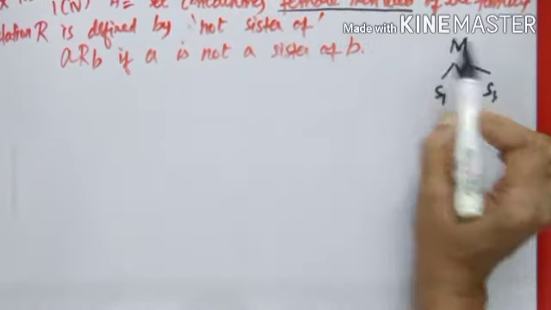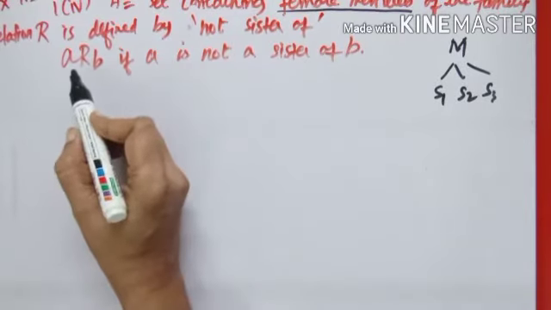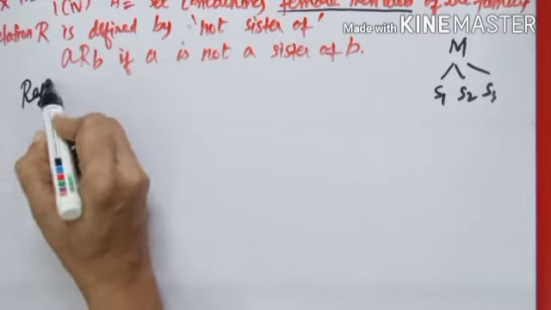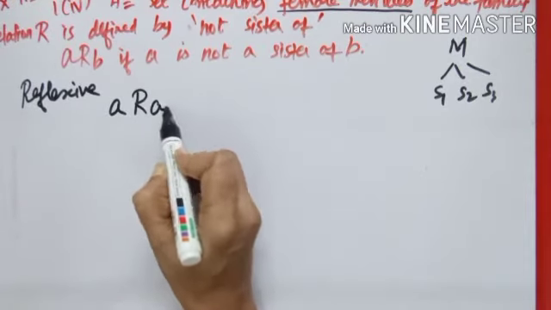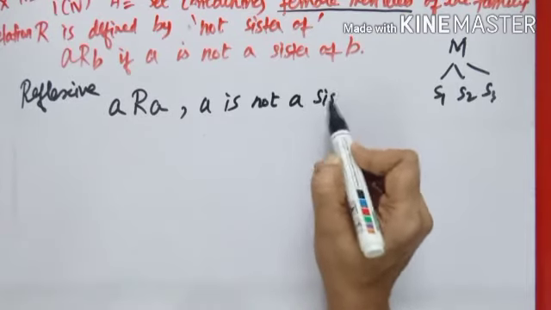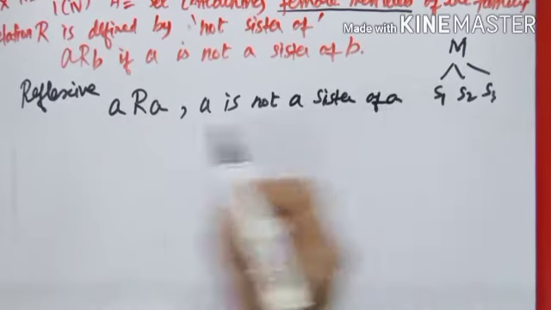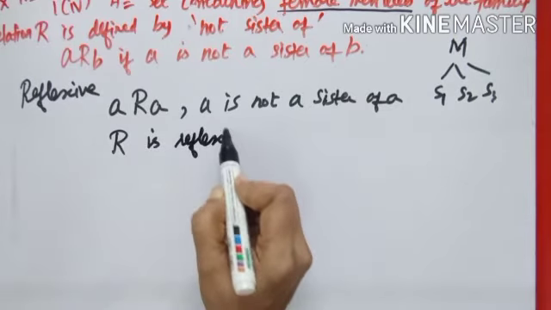So only the female members of the family we consider. What is the first thing I have to say? Reflexive. A related to A. Yes, A is not a sister of A. So this is correct. I will say R is reflexive.